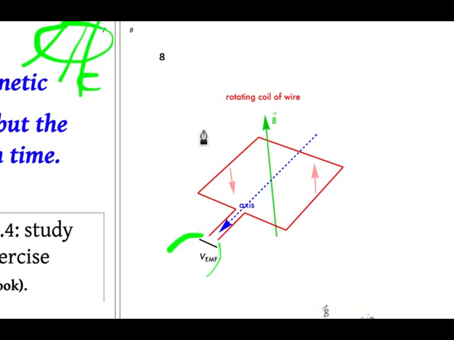So I think this is also explained in part 1 of the screencast, or anyway, it's in section 29.4 in the textbook. You see, as the coil of wire rotates, the flux of magnetic field through the coil of wire changes in time. The flux is the integral B dot dA.